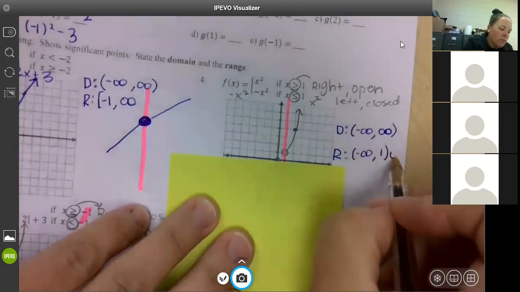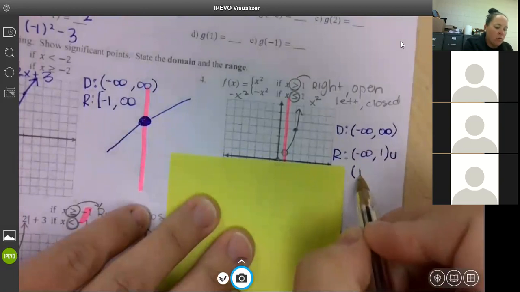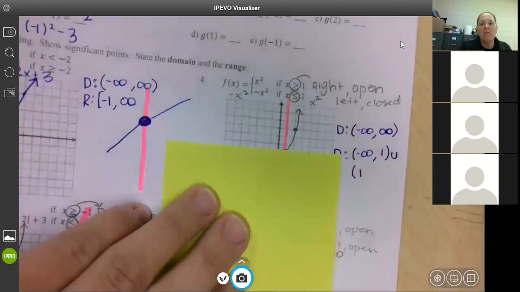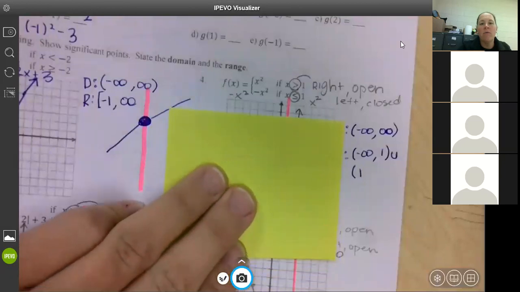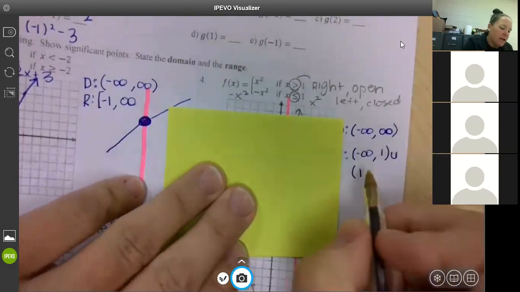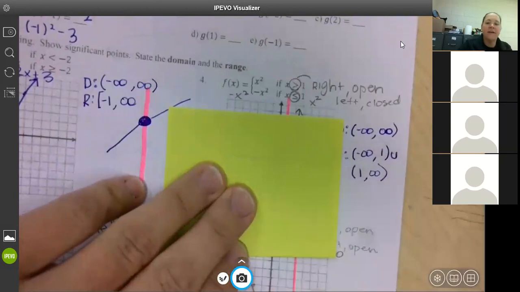We put a U. We pick right back up where we left off. As we keep going up, what do we see? Infinity, thank you. And that is a parenthesis.